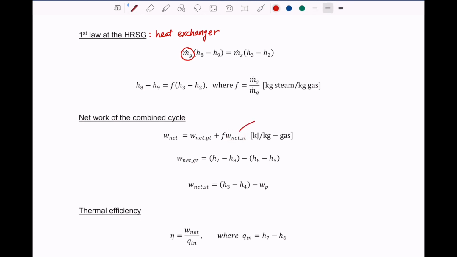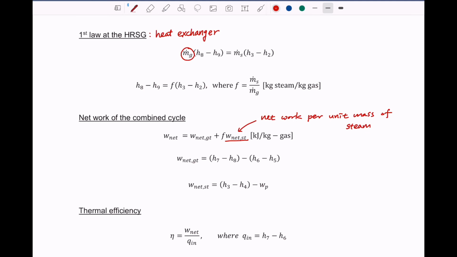So that is the net work per unit mass of steam, right? By multiplying F to that value, we can calculate how much net work can be generated per unit mass of gas.